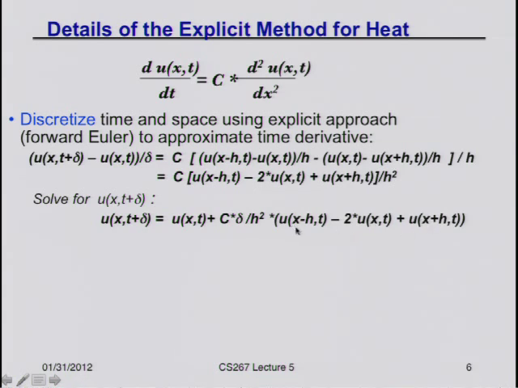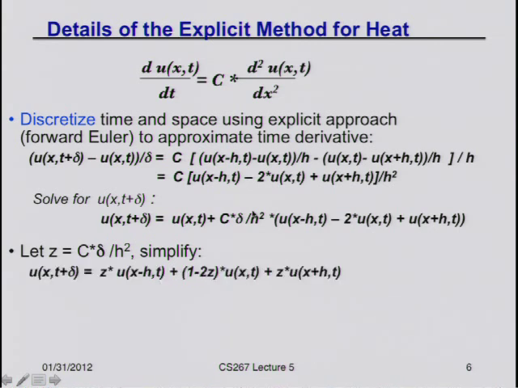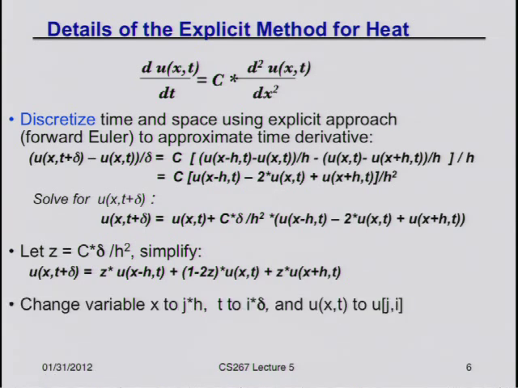Let me simplify the notation so I don't have to carry it around. Let me just take all that constant and collapse it into one constant, call it z. And so here is what I get: z times my neighbor to the left, z times my neighbor to the right, and 1 minus 2z times my own value. And this is all just notation, so I can finally write down algorithms.